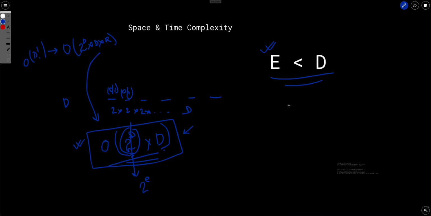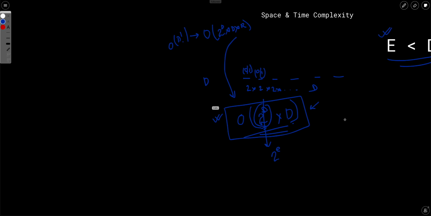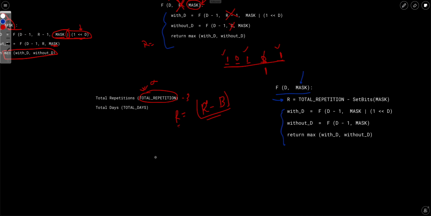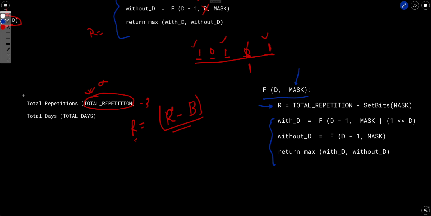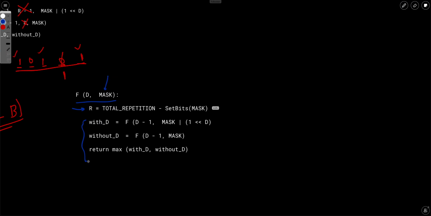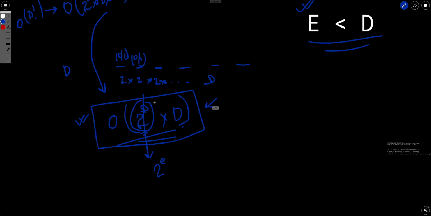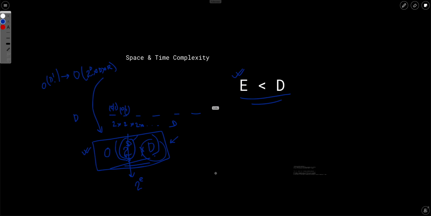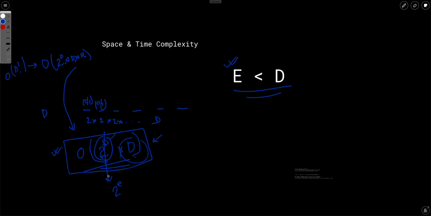Whenever you see two variables, as we had two variables in our equation, total repetitions and total days, and the complexity of a solution is something like 2 to the power of the first variable into something else, there is almost always a possibility to solve this with 2 to the power of the second variable, in this case e, the number of employees.